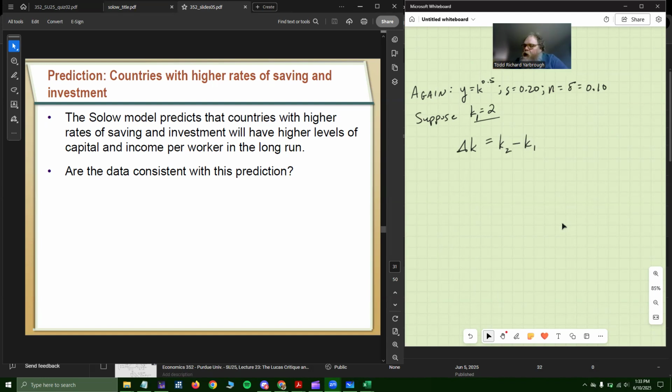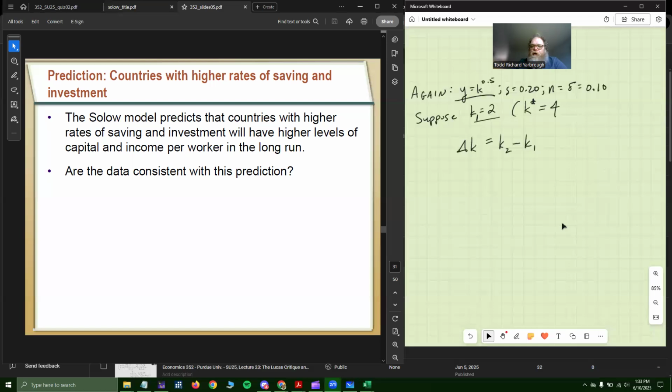There we go. Okay, so before we had an economy with this production function, output per worker, with a savings rate of 20%, and both population and depreciation rates of 10%. We know that the steady state capital in this economy is 4.